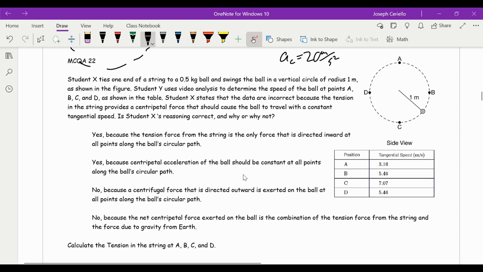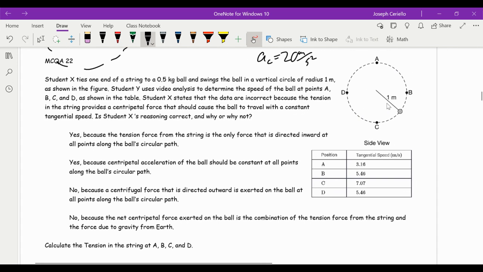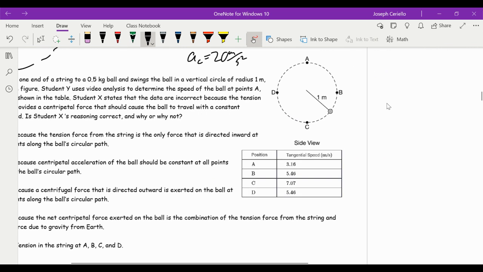So give this question a read. It's a little bit confusing. So this student's basically making this claim. They are saying that the tension provides the centripetal force, therefore the velocity should remain constant.